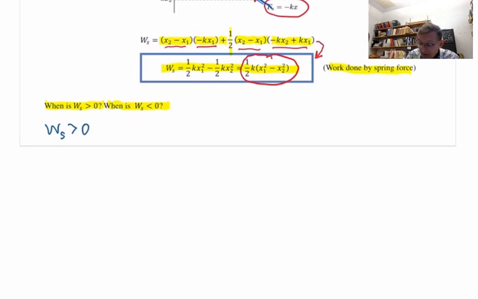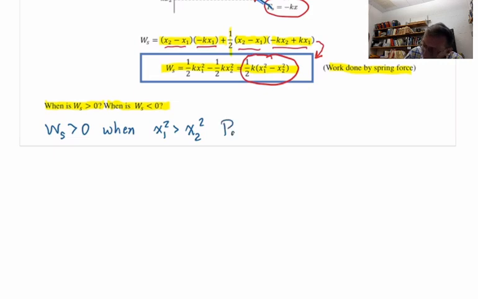Well, the k is positive. So the way I know I'm going to have a positive value for work is if x1 squared is larger than x2 squared. Then the things in the parentheses, I'm taking the bigger number minus the smaller number, that's going to be positive. Now remember, x1 is the initial x, and x2 is the final x. So if x1 squared is larger than x2 squared, what does that mean physically has happened?